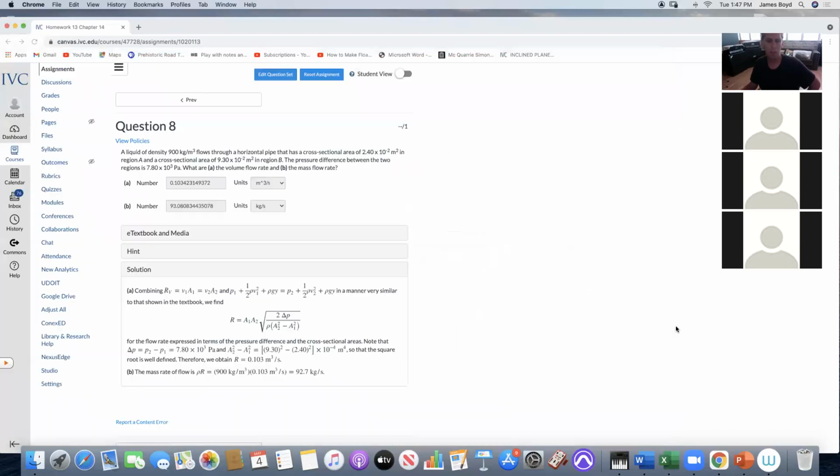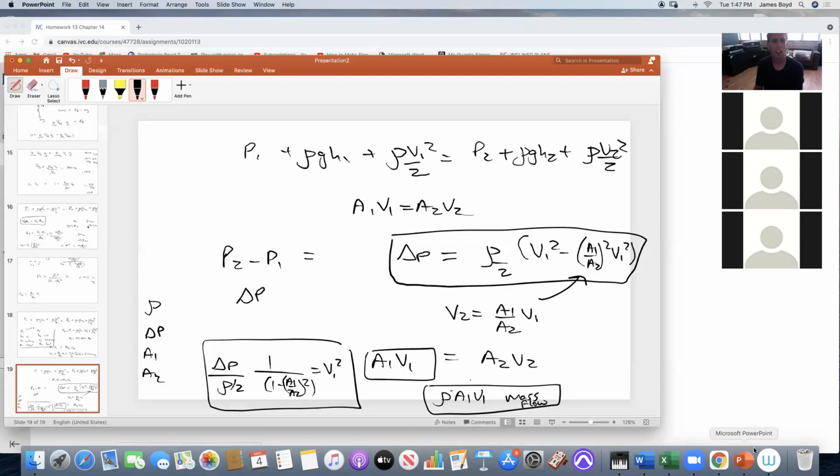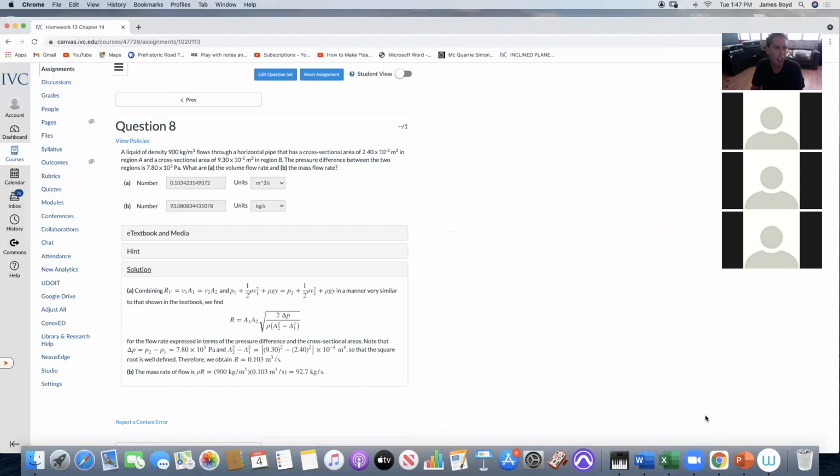I really don't know why I'm getting a tenth. They did do a bunch of stuff. Unless, did I? So the initial pressure is 7,800, right? 7.8 times 10 to the third, 7,800, divided by half the density, which is 450.